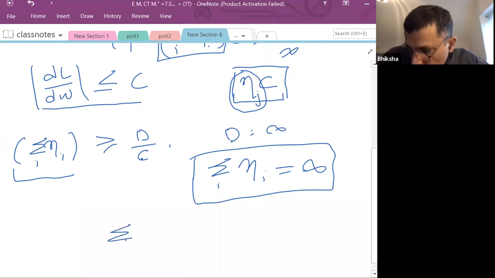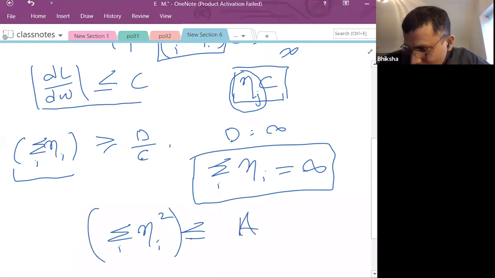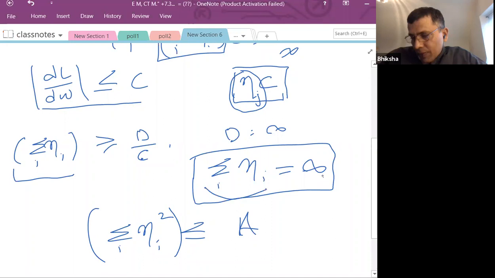So the actual property that you get is that you want the sum of the squares of the etas to be bounded by some constant, let me call this A. At the same time, the sum of the etas to be infinity. That makes sense? This guarantees that the etas shrink. This guarantees that you can get to the solution from anywhere.